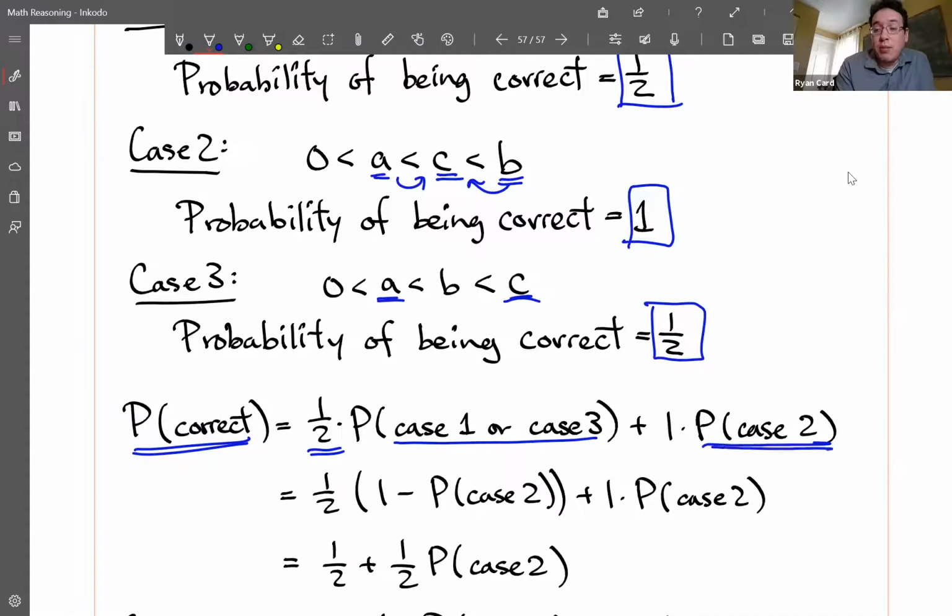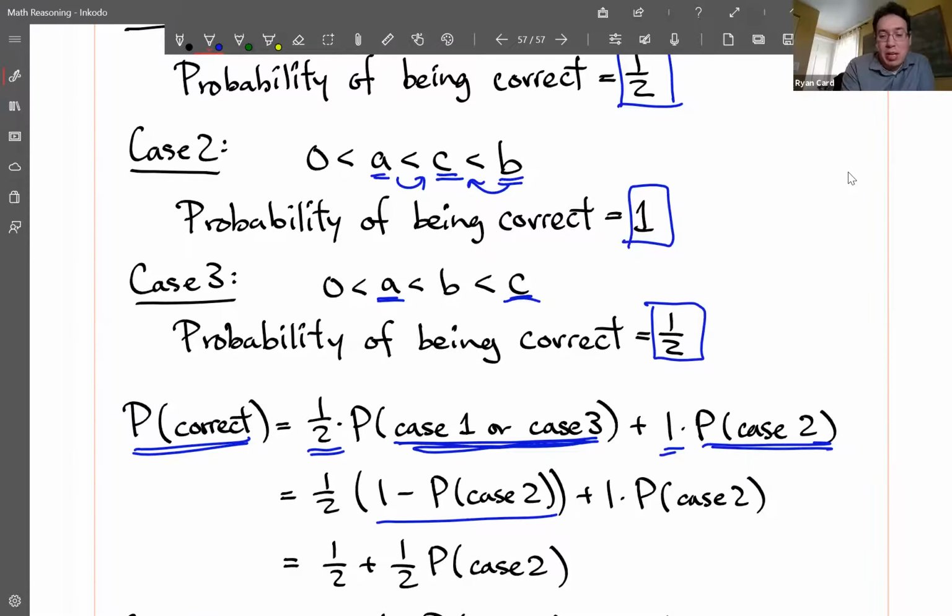If you're in case 2, the probability of being correct is 1. There are only three things that could happen: case 1, case 2, or case 3. The probability of case 1 or 3 is equivalent to 1 minus the probability of case 2, because if it's not case 2, then it's either 1 or 3. So I'm going to replace that probability there.